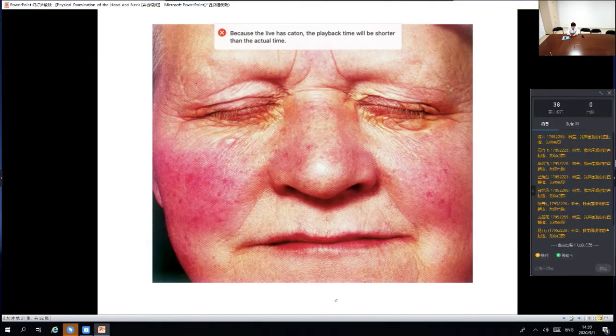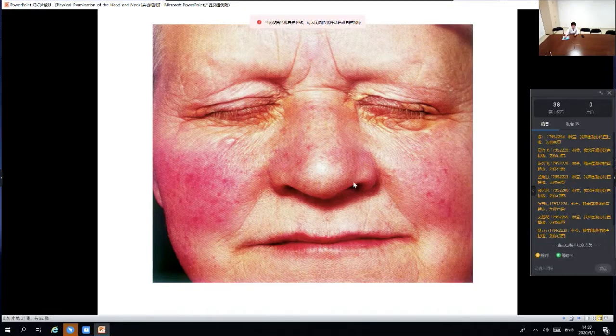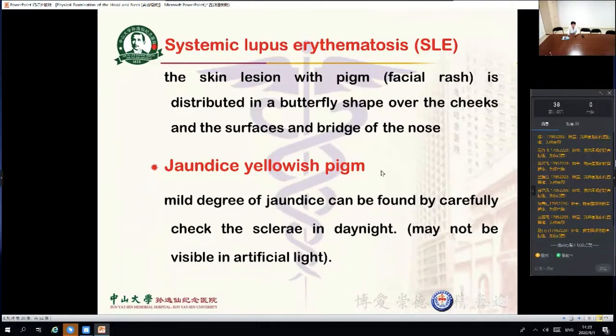You can see this. This is a SLE basis, the butterfly rash from both cheeks and the bridge of the nose. And this is the presentation of SLE. So this is what we call SLE basis, the facial rash.